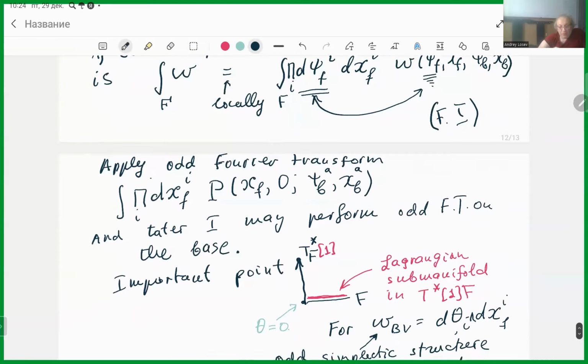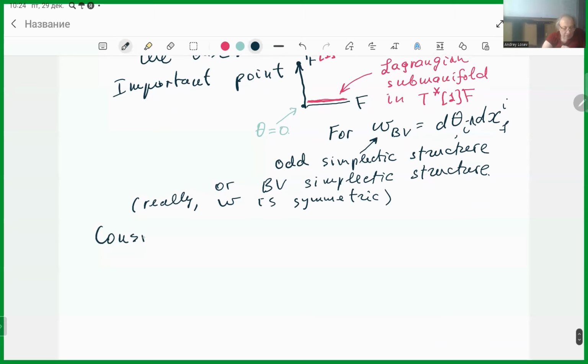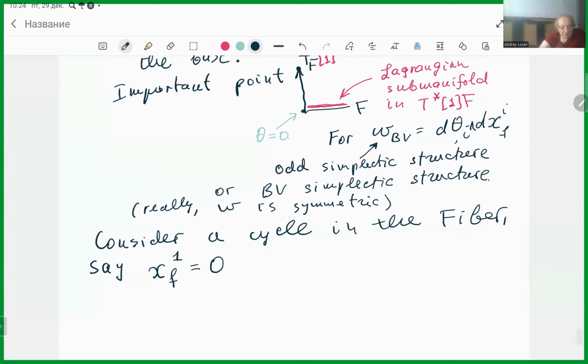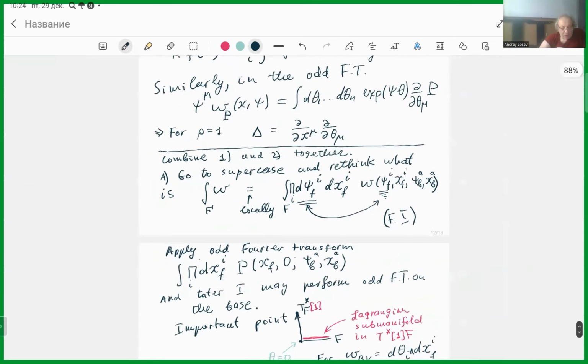And let me do the following. Let me consider a cycle in the fiber. Say x fiber 1 equals to 0. Okay?